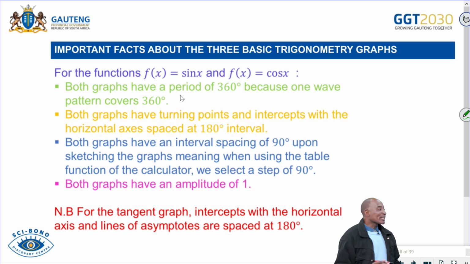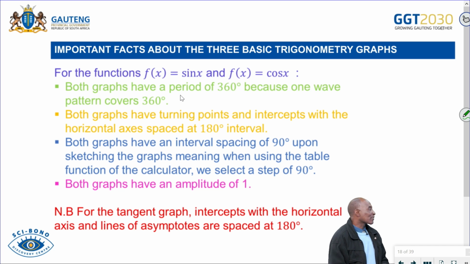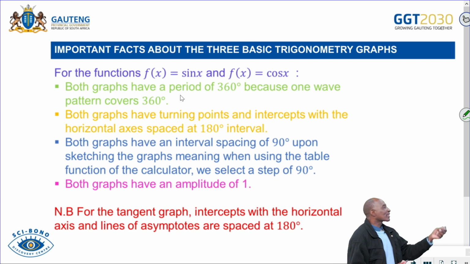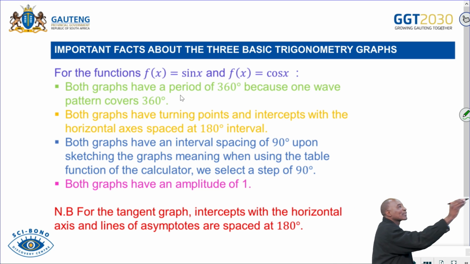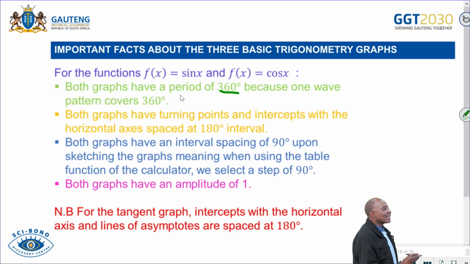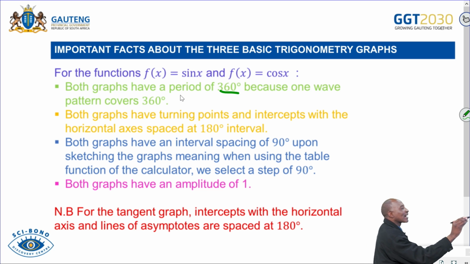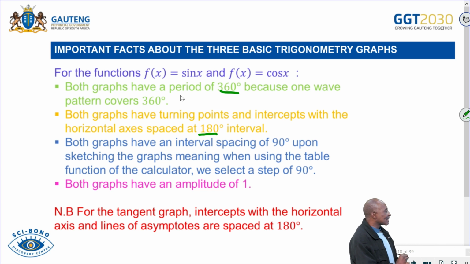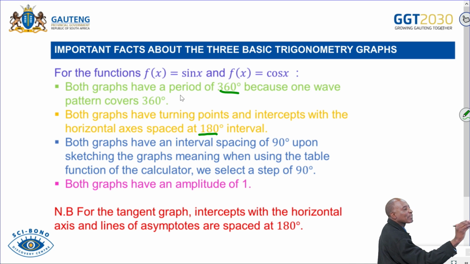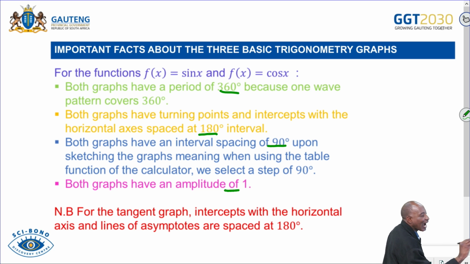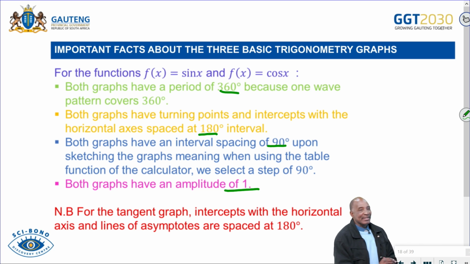So here are the important things to notice about these graphs. I've already mentioned that both graphs of sine and cosine have a period of 360 degrees. And then both graphs intersect the intervals after every 180 degrees. If you check, then both graphs have an interval spacing of 90. Otherwise, both graphs have an amplitude of 1.